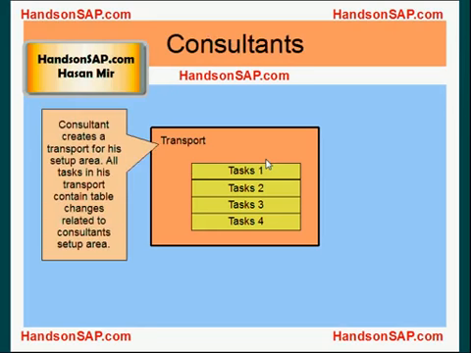Now, consultants create a transport, and of course they create a transport for their own setup area. So all tasks within the consultant's transport would contain changes to the tables that belong to the same setup area that this consultant owns.